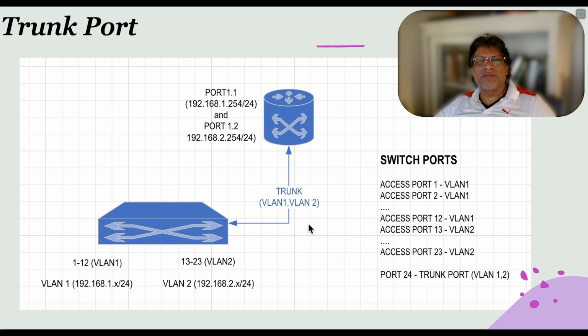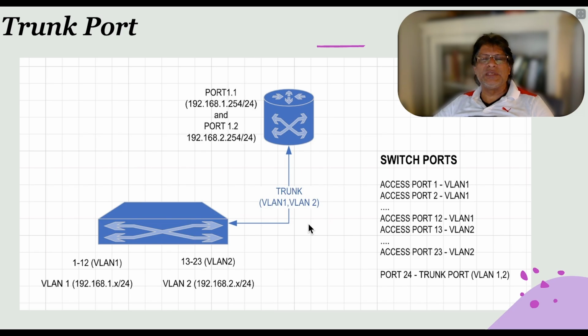So technically, if you look at any switch, you will see that you can configure a switch port to be an access port, which is kind of the default configuration. By default, all ports will be access ports in nature, and they will all belong to VLAN 1.